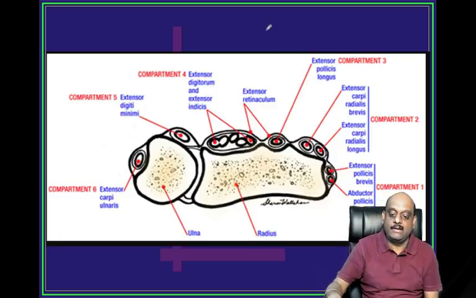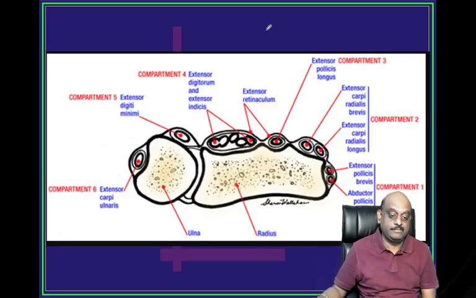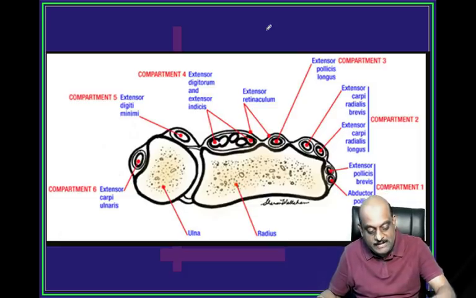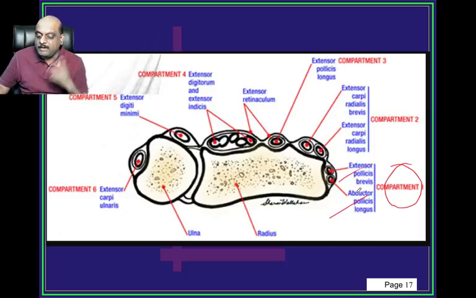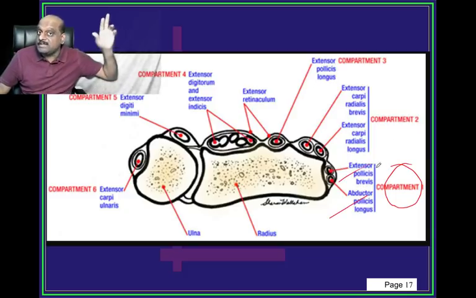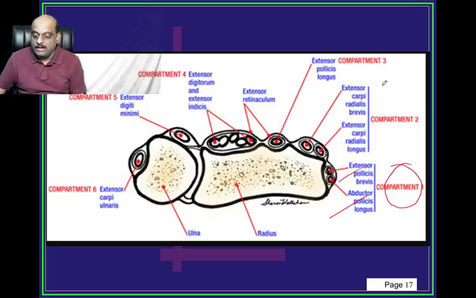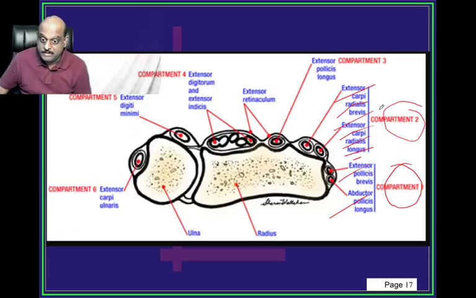So, doctor, please remember, for the sake of the examiner, compartment 1, what do you have? Extensor pollicis brevis, abductor pollicis longus. Compartment 2, extensor carpi radialis brevis, extensor carpi radialis longus.